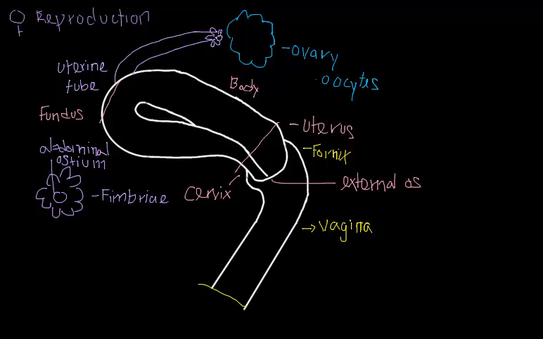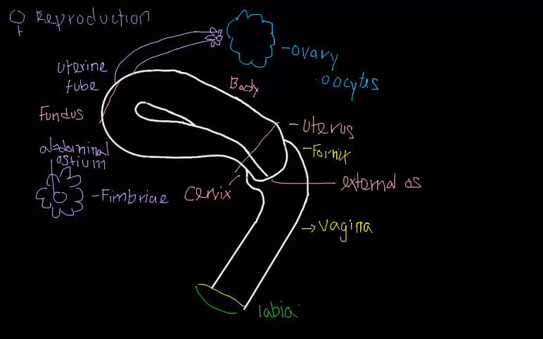So that's the vagina. Let me grab our next color here. We're going to talk about some of the external structures of the female reproductive system. So on either side of the vestibule there are these cutaneous folds. And the first one, that's closest in proximity just around the vestibule, is called the labia minora.